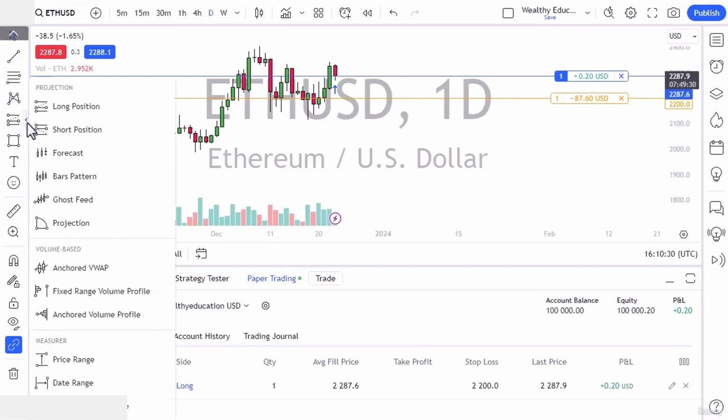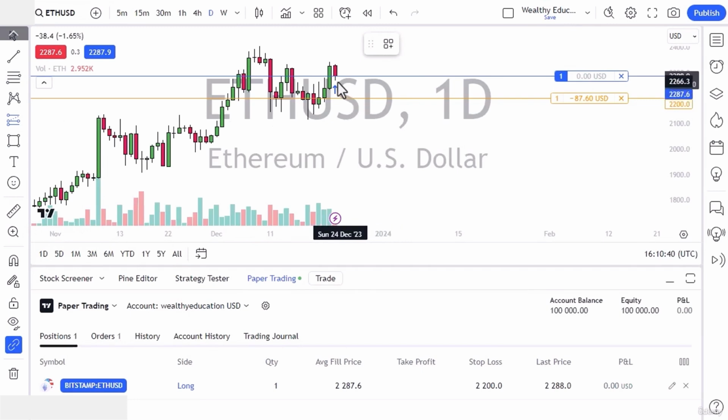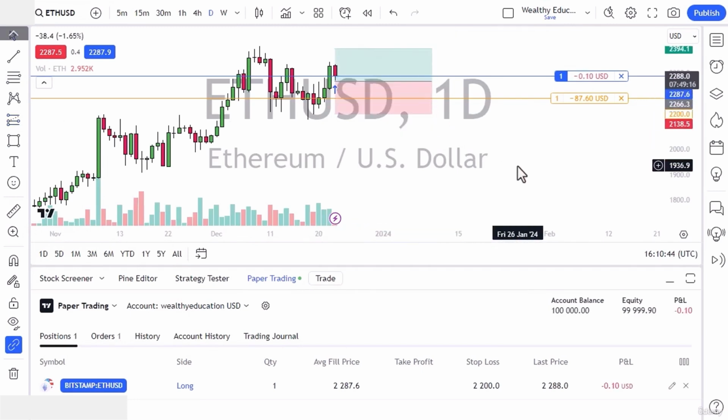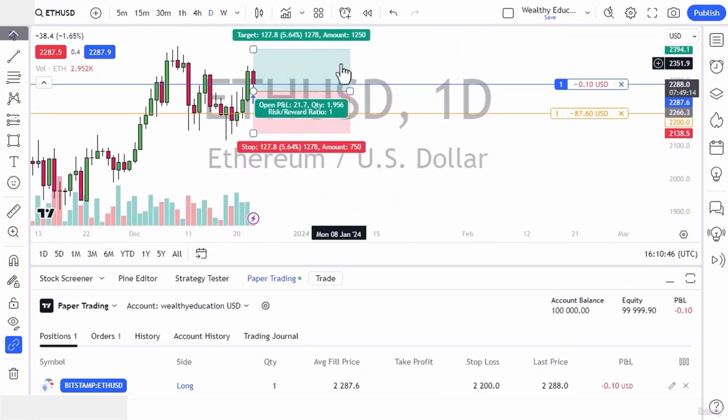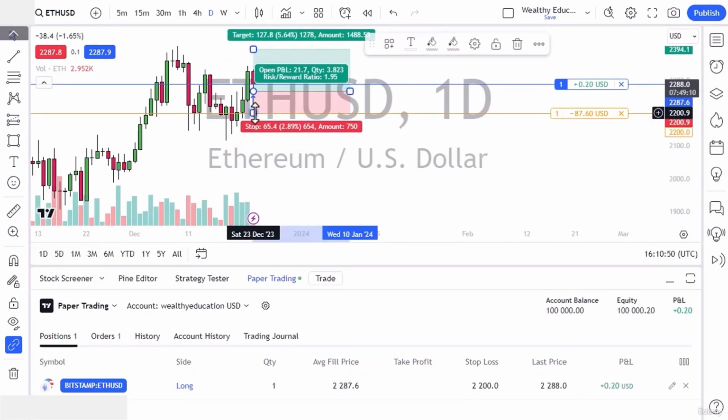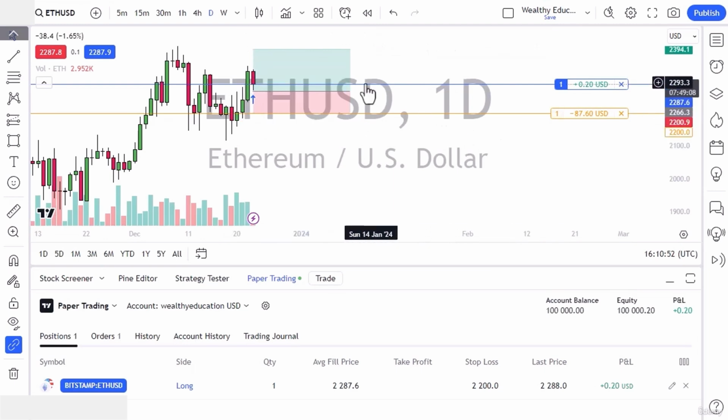So here in this one that looks a lot like Fibonacci, there is long position and short position. So let's go ahead and click on that. By default, it gives you a 50-50 position. But I'm going to move it up to my stop loss.